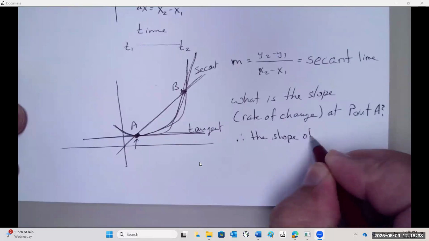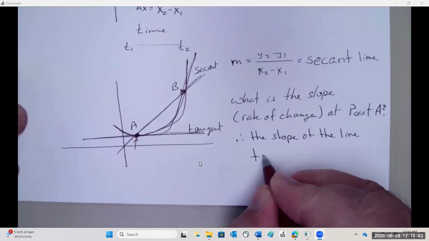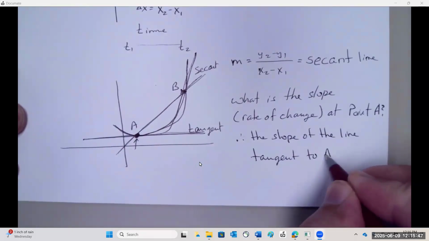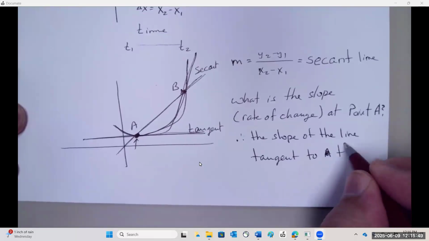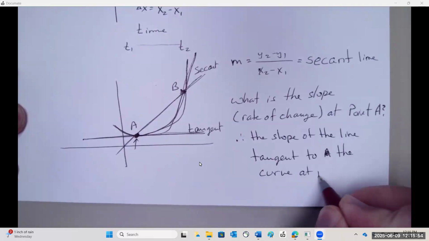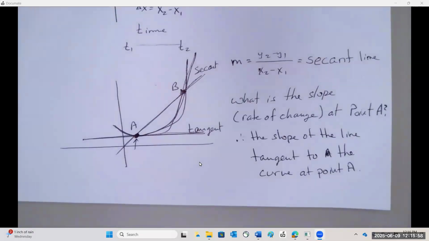The slope of the line tangent to A, to the curve at point A. That's what we're looking for.